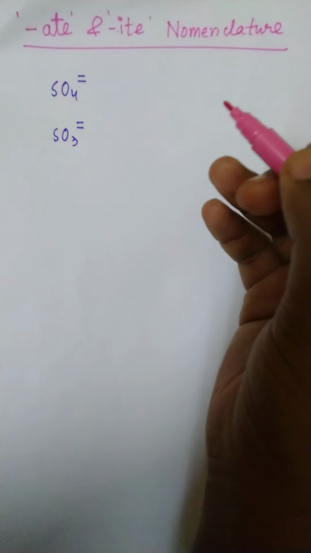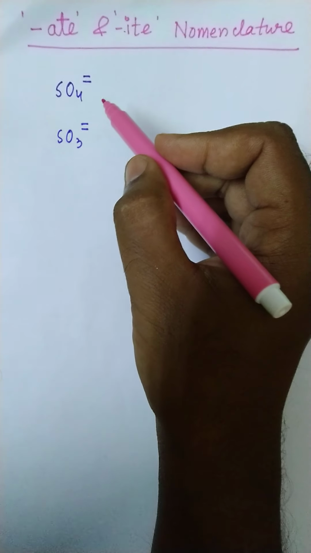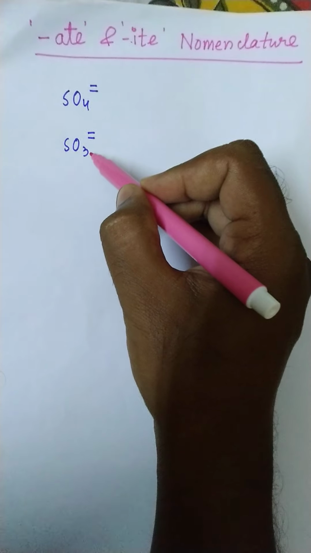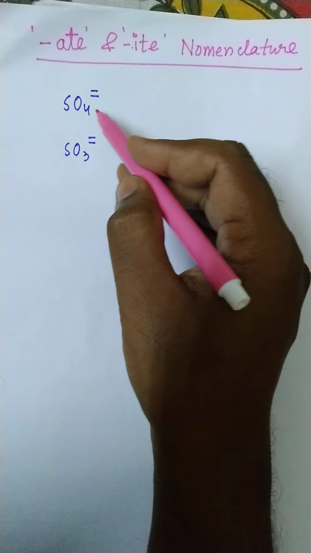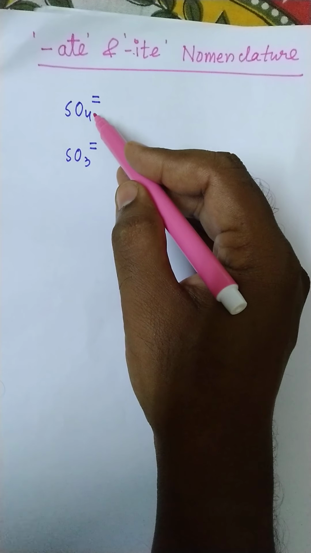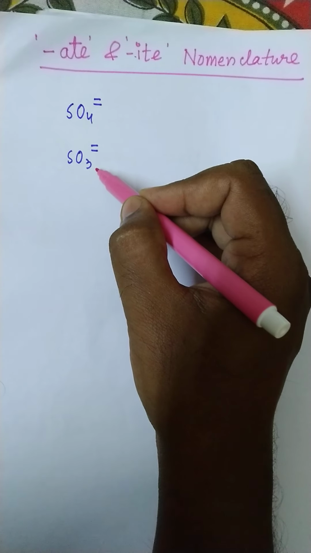Now, if we consider the number of oxygen atoms attached with sulfur, you can see here 4 oxygen is attached, here 3 oxygen is attached. Where the number of oxygen is more, that will be known as -ate. Where the number of oxygen is less, that will be known as -ite.